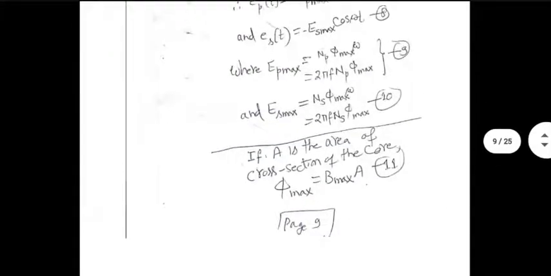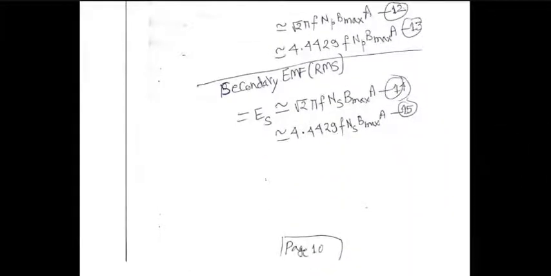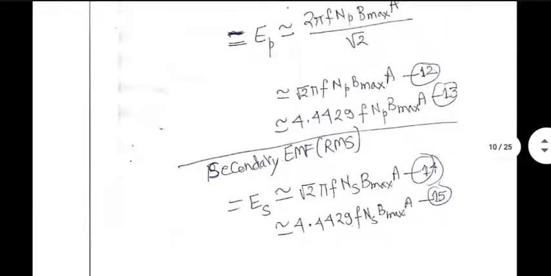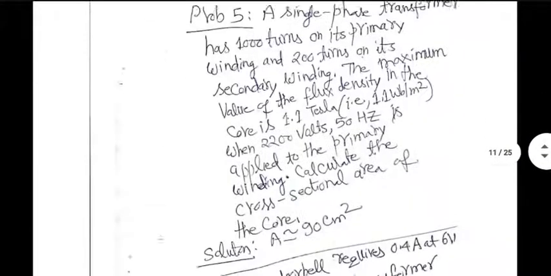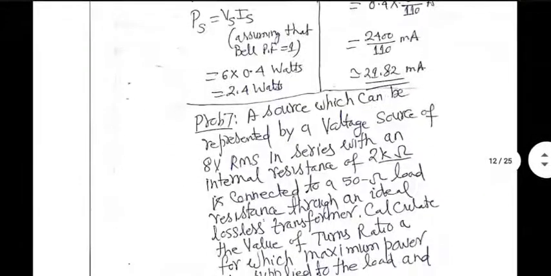This entire thing, questions 14 or 15, or even 12 and 13, was based on the assumption that flux is varying sinusoidally. So these equations will not apply in that problem. Instead, we have to work using fundamental principles to figure out the voltages or EMFs.